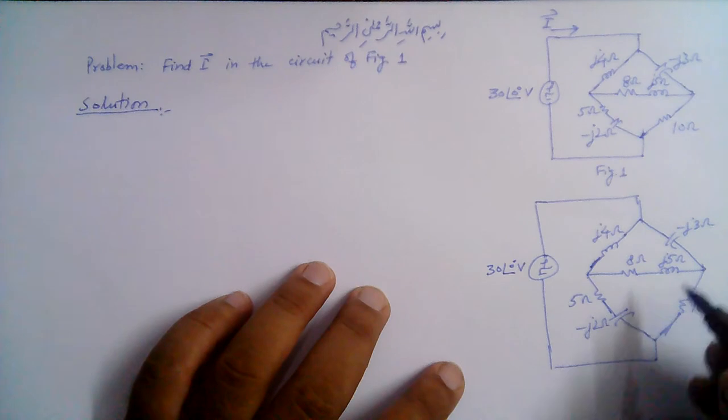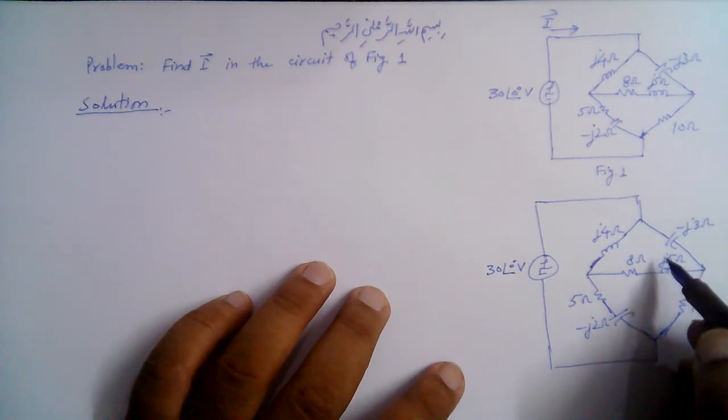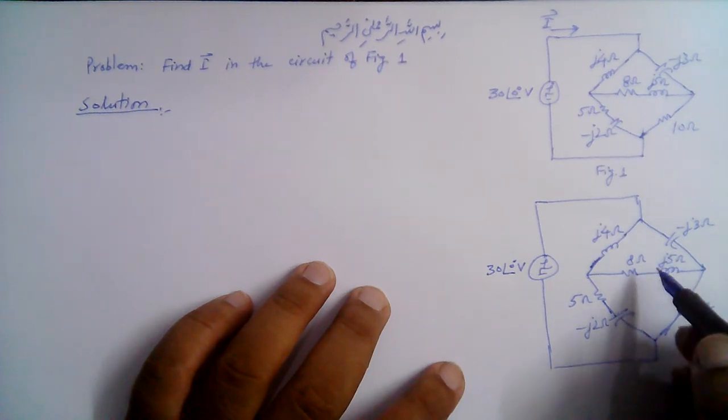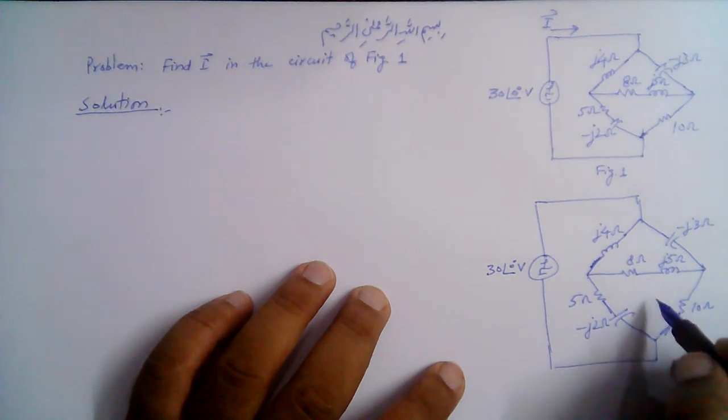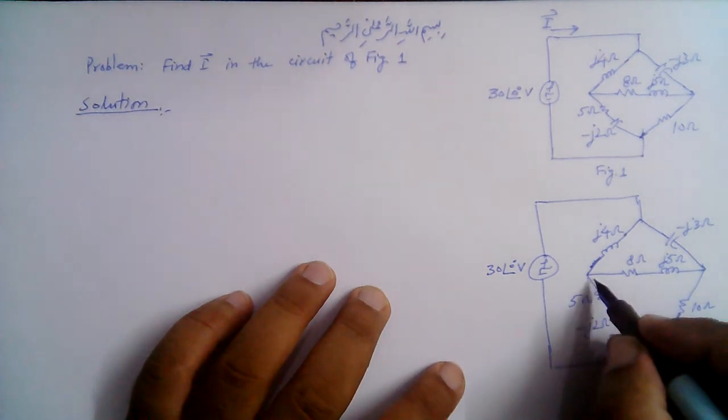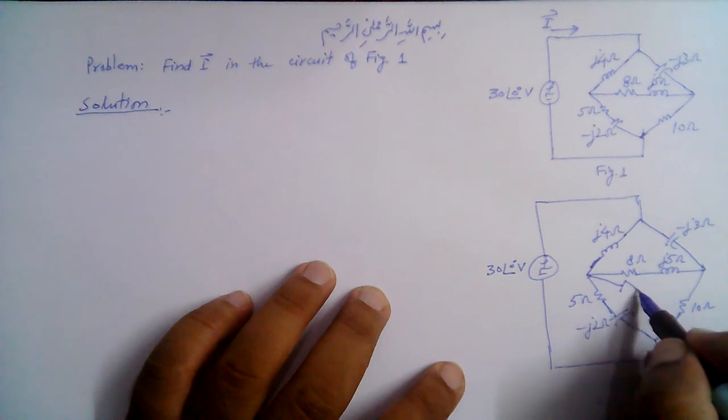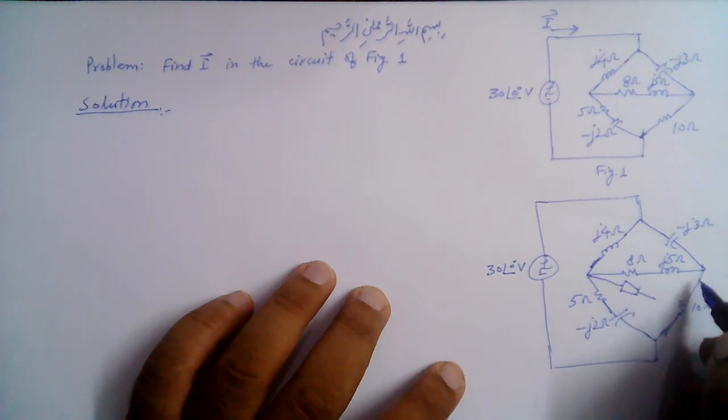And for example, we can transform any two of these delta combinations into the equivalent Y combinations. Let's transform this delta combination, the lower delta combination, into the equivalent Y combination. So let's draw the equivalent Y combination here.